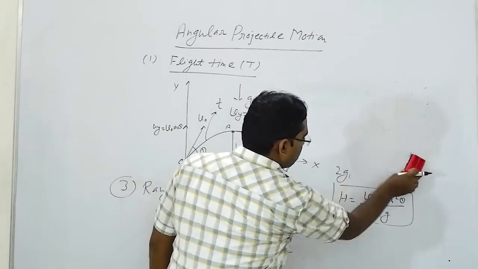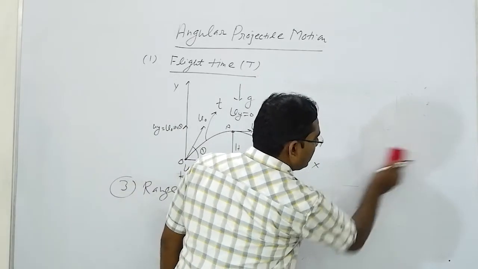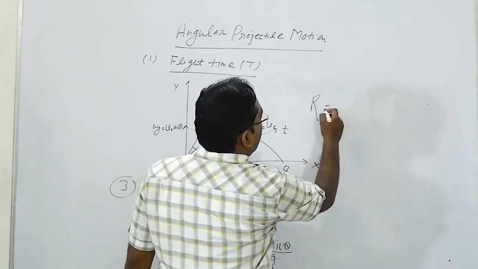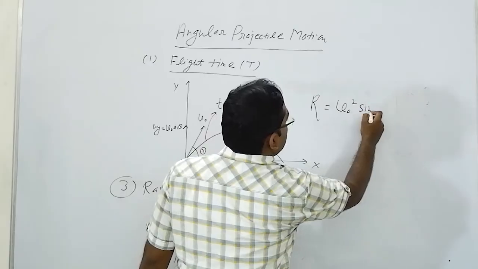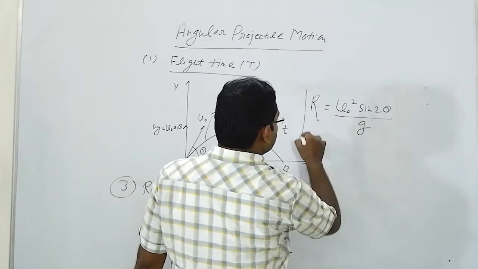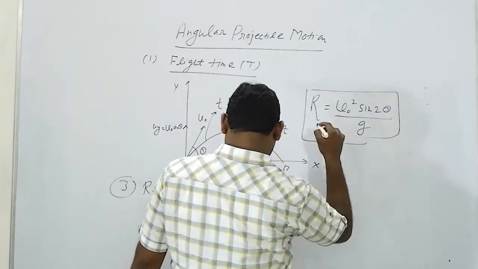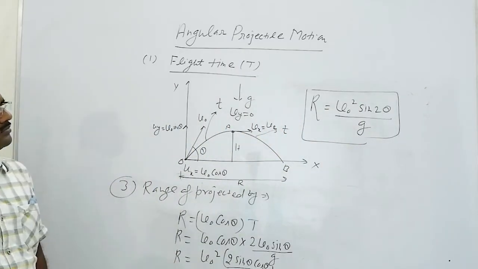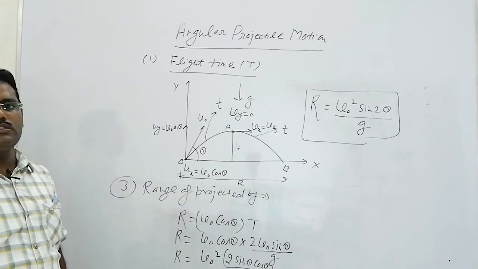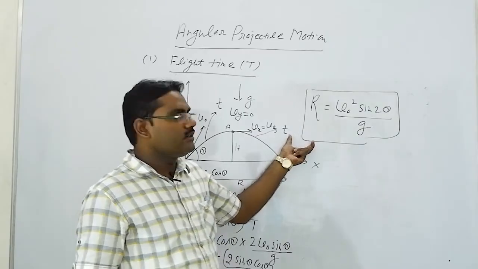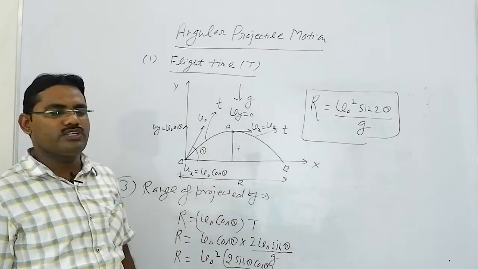So now the range of projectile became R is equal to v naught square sin 2 theta divided by g. This one is the expression for the range of projectile.